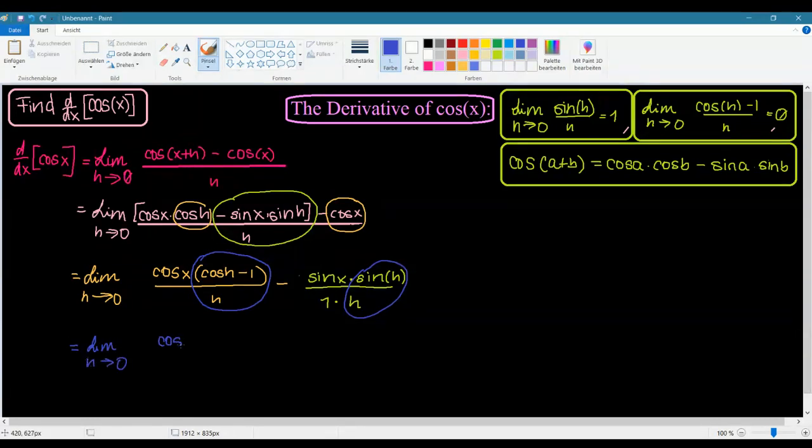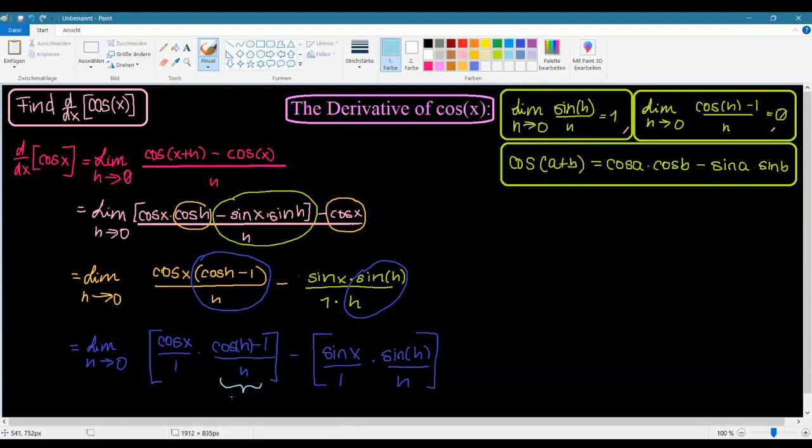This is going to become cosine x over 1 times cosine h minus 1, and this is cosine of h, not cosine times h, over h. That is 1 block. Minus sine x over 1 times sine h over h. Well, now we have exactly what we were looking for.